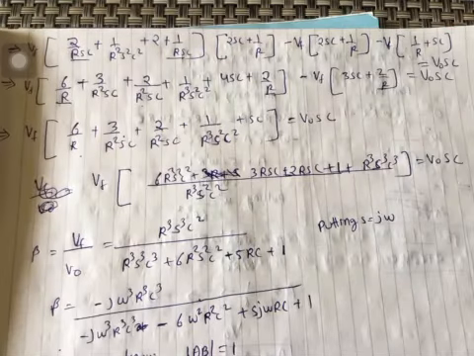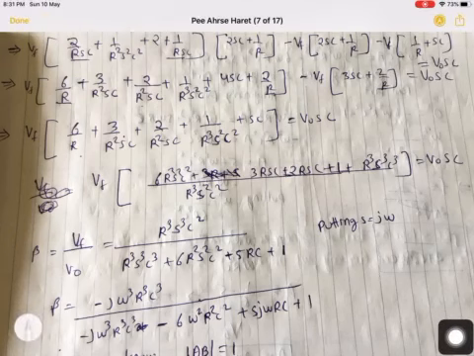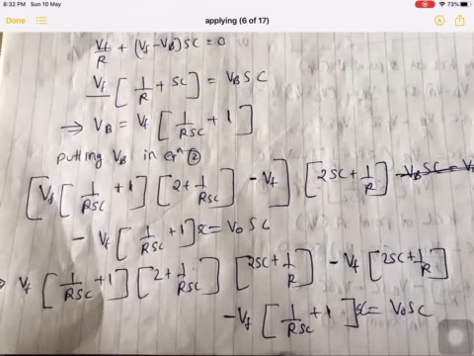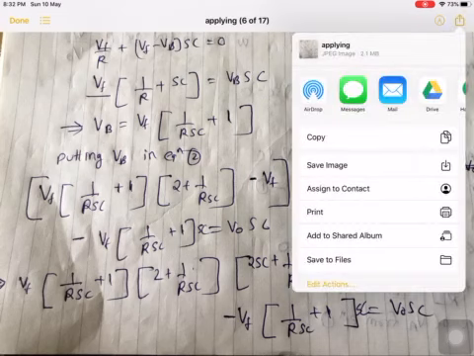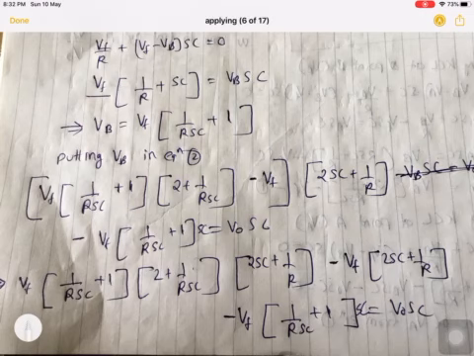I have taken all the components of VF common. From this equation, VF's first term: multiplying this, it will be 1 by RSC into 2 by RSC, and 1 by RSC into 1 by R, so 1 upon R square S square C square.